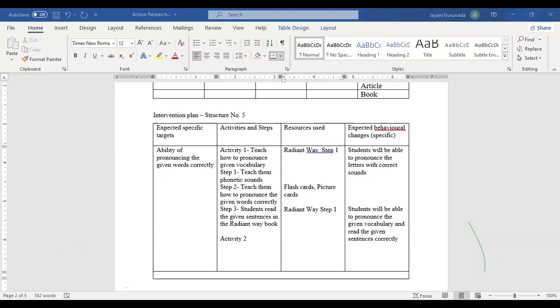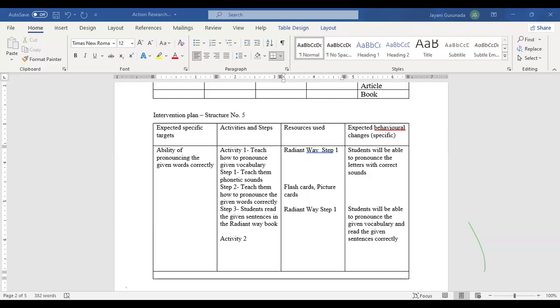Step 3, asking them to fill the blanks using the punctuation marks in a worksheet. Step 4 is playing a group punctuation game by fixing the sentences. Step 5, making them practice writing short paragraphs with correct punctuation marks.